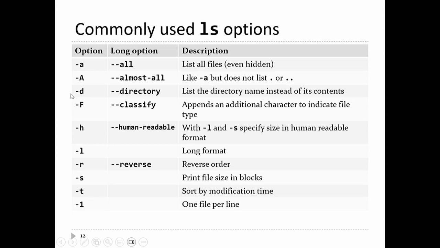Now that doesn't sound useful right now, but you'll see on the assignment that there are many cases where it turns out to be useful. -F prints out some additional information to indicate what the file type is. -l is another commonly used one. So -l prints out what's called the long format information.